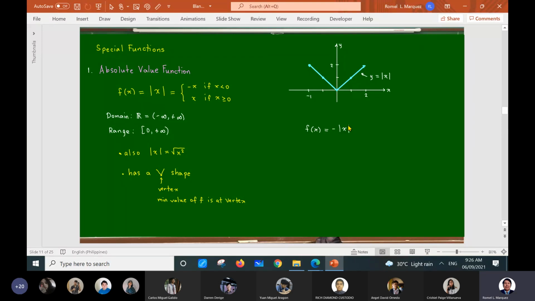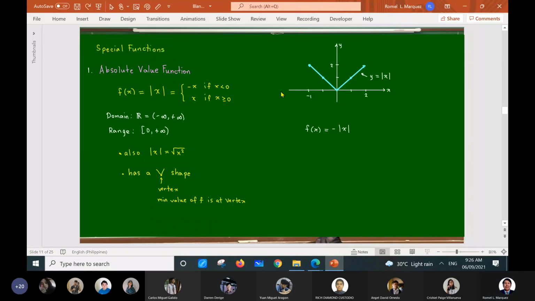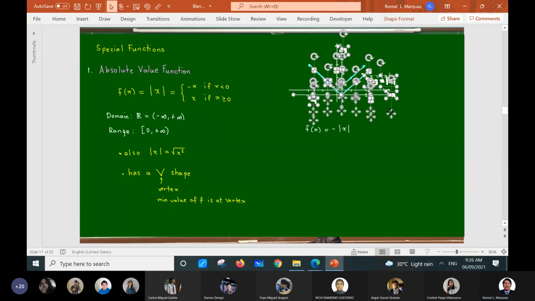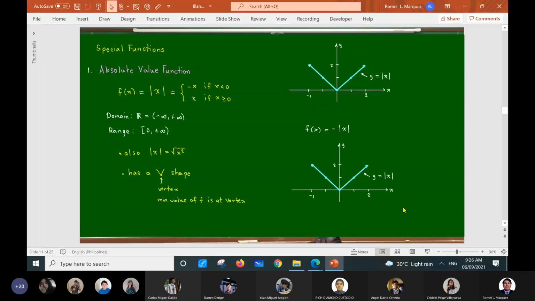What will happen to the graph, children? It will be flipped, no? Am I right? So the effect is just flipping, no? Okay, children?